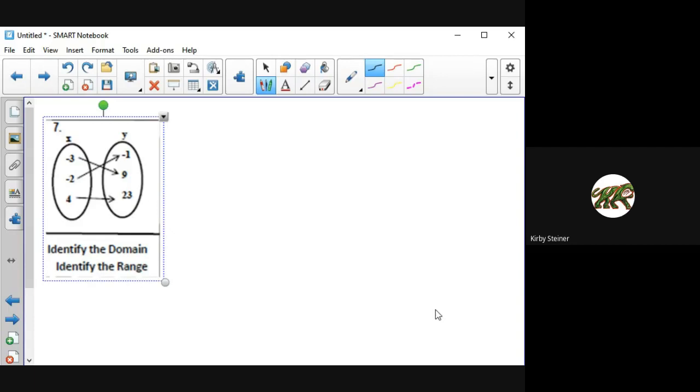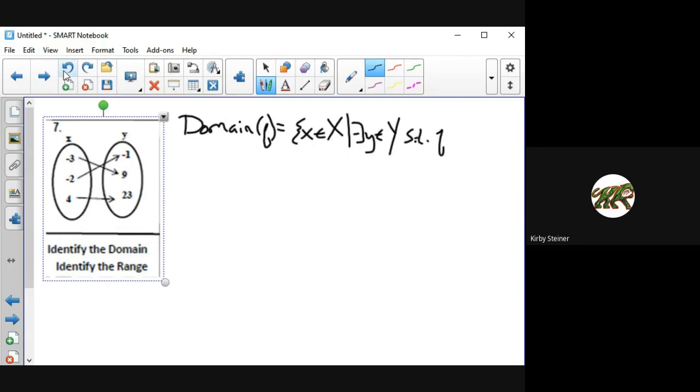All right. So we can say the domain of f is equal to the set of x, such that there exists a y, such that f of x equals y.